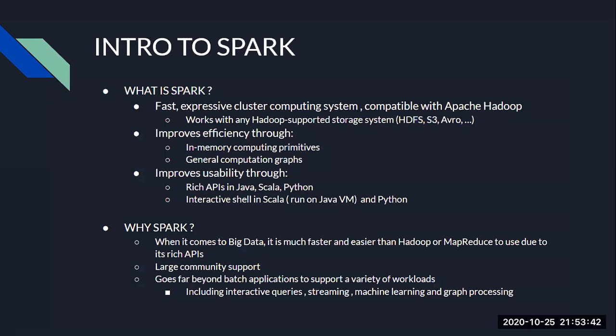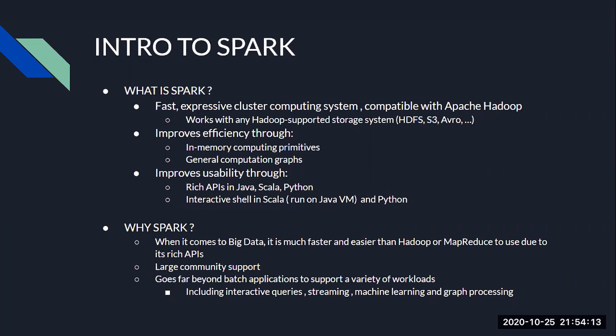So what is Spark? It's a fast, expressive cluster compute system and it's compatible with Hadoop. In some system designs, you can install Hadoop and Spark at the same time. You can have the Hadoop stack of technologies to run Hive and Impala queries, and you can have Spark on the other side to run workloads like machine learning and big data processing.